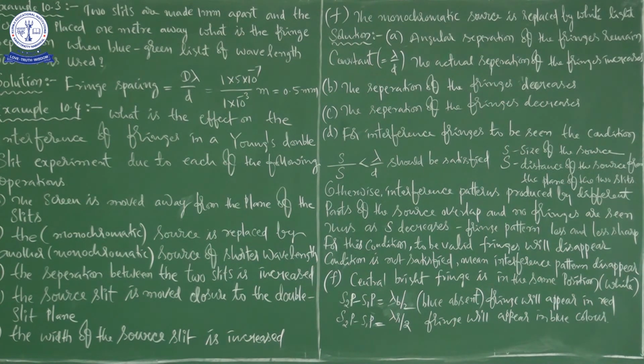Otherwise, fringes will not appear, and no interference means you cannot see the fringes on the screen. And if capital S decreases, the interference pattern gets less sharp, and when the source is brought too close for this condition to be valid, the fringes will disappear, but the fringe separation remains fixed.